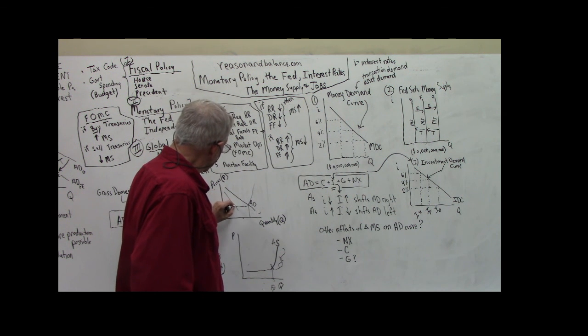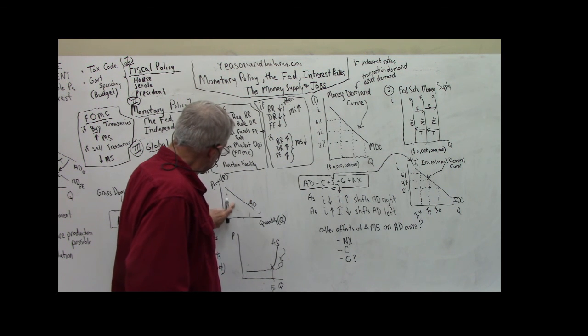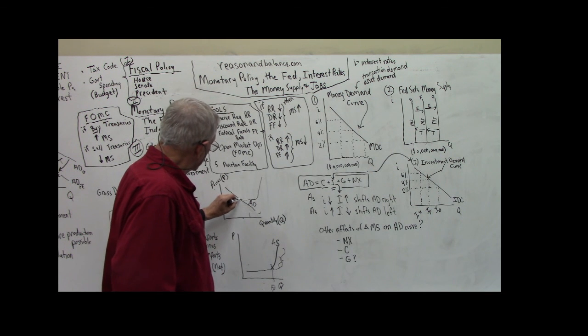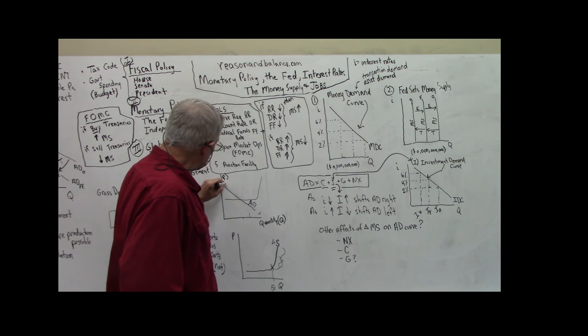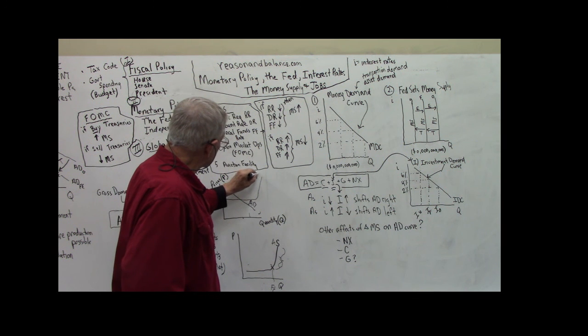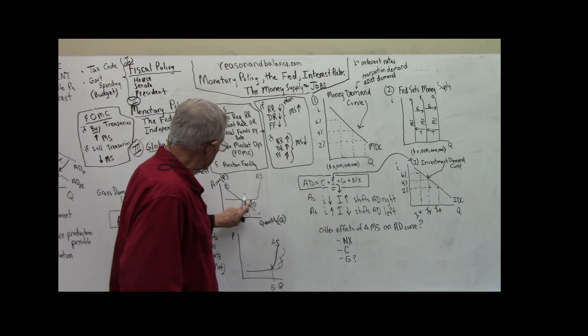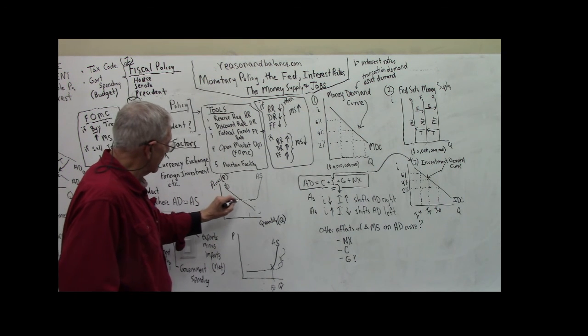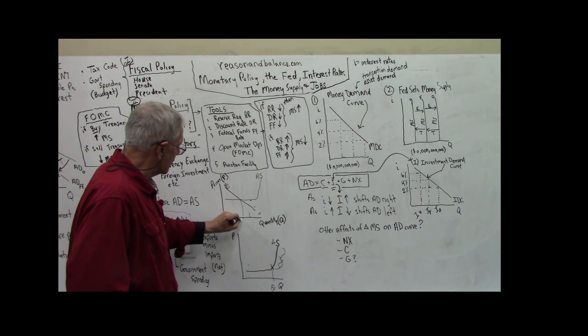this could be here. I'll tell you what, let's not get there yet. I'm taking it right to the end and I don't want to do that. Let's suppose, let's put the elbow out here. If this is AD and this is aggregate supply for the entire nation, that's the aggregate supply of all goods and services, and that's the aggregate demand for all goods and services.